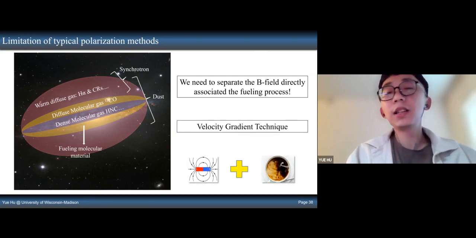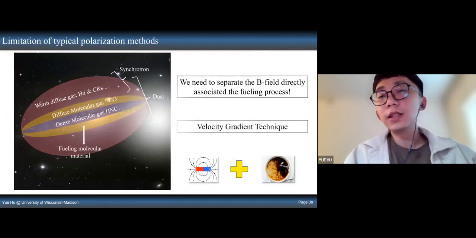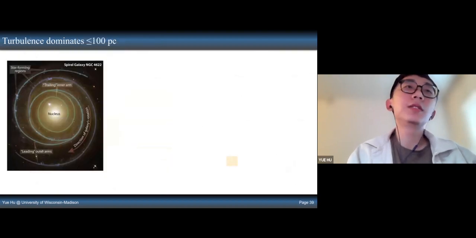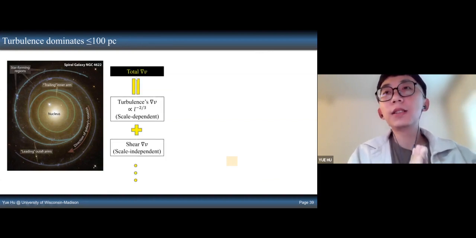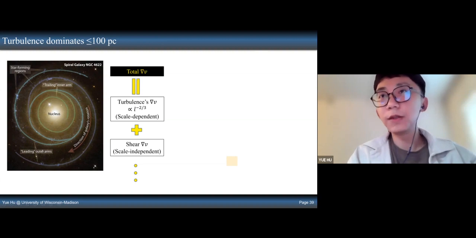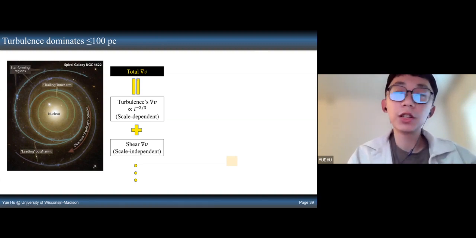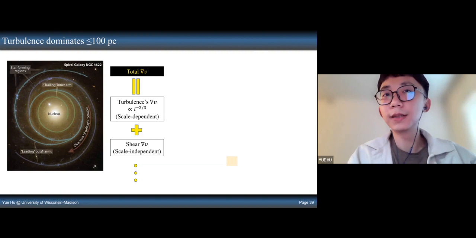observation. And here again, we can use the velocity gradient to solve this issue. The problem now is that the velocity field for a galaxy is not so simple. The total velocity gradient contains contributions from turbulence, like from the shear and outflow velocities.